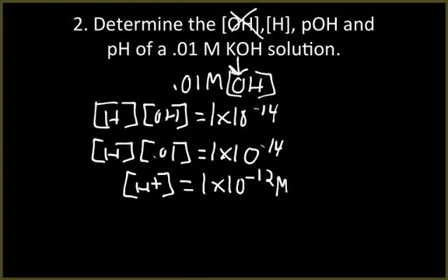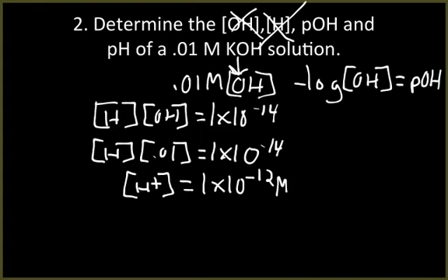So there's H plus. To figure out pOH, you just take negative log of OH, negative log of 0.01, and we get 2. So there's your pOH.